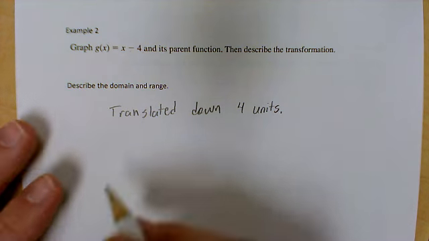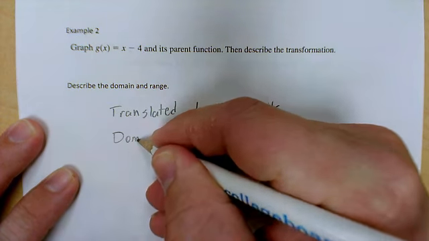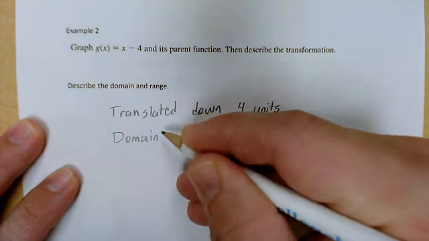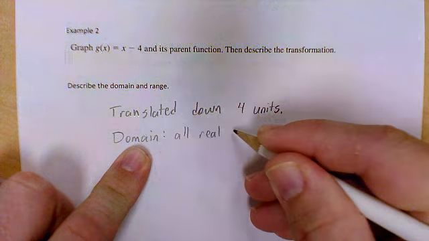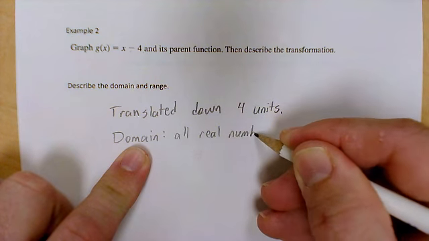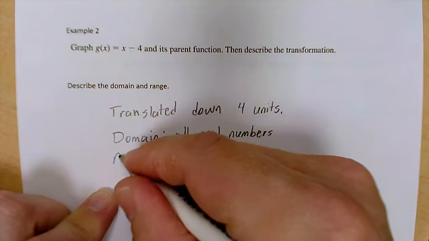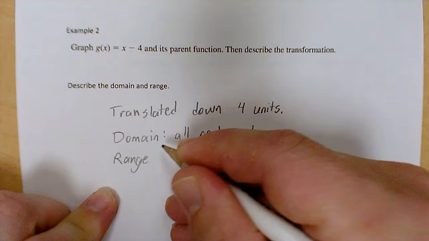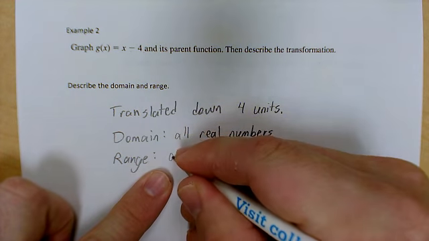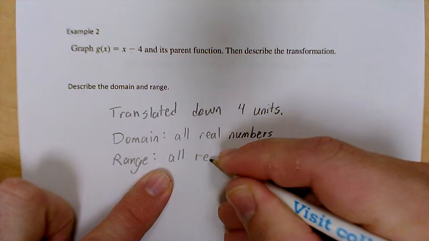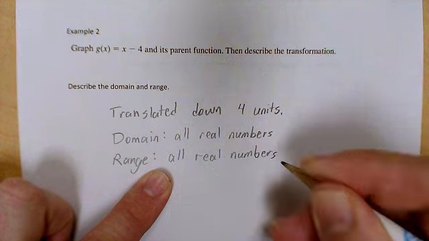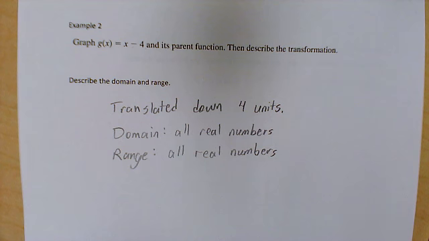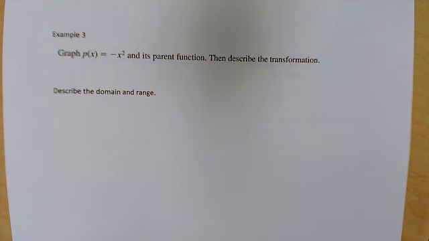For any linear function, your domain and range will always be all real numbers, because the x and y can be any value. There's no restrictions here. Then that wraps that problem.